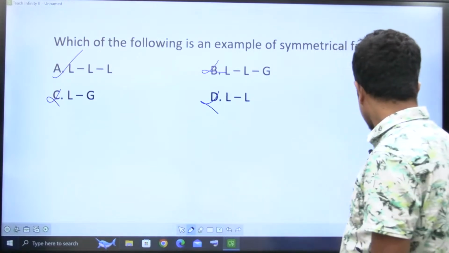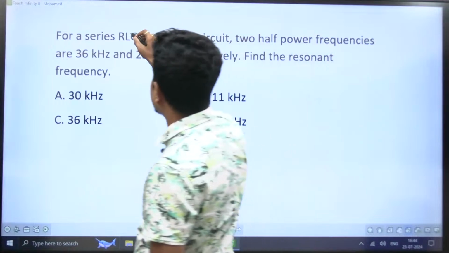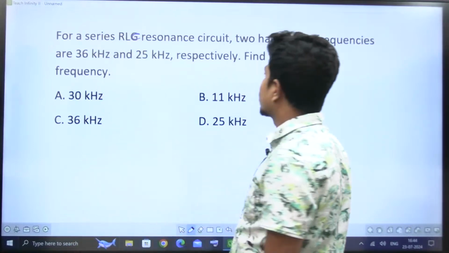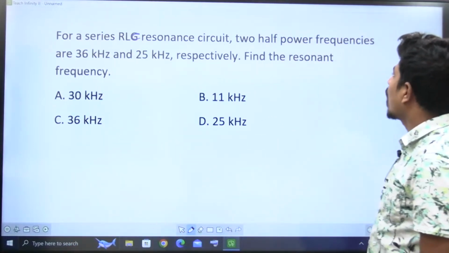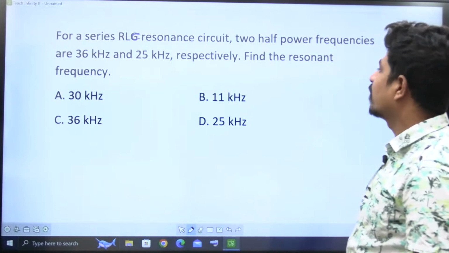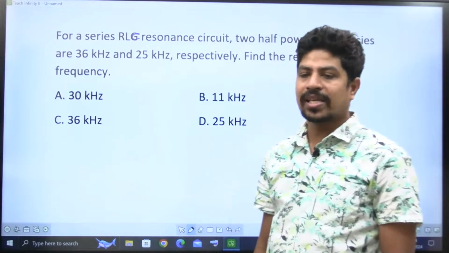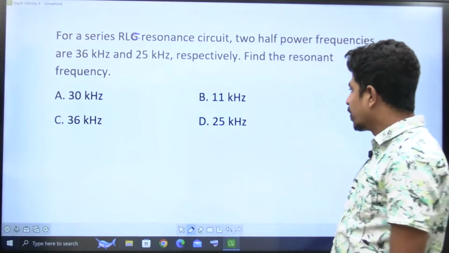Okay. Next, for a series RLC resonant circuit, the two half power frequencies are 36 kilohertz and 25 kilohertz respectively. Find the resonant frequency. These formulas were given in our live classes. Harika, Achut, you people can answer.